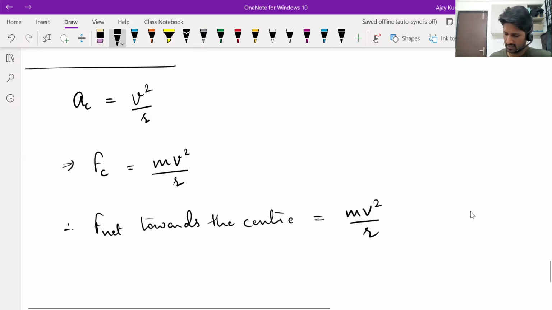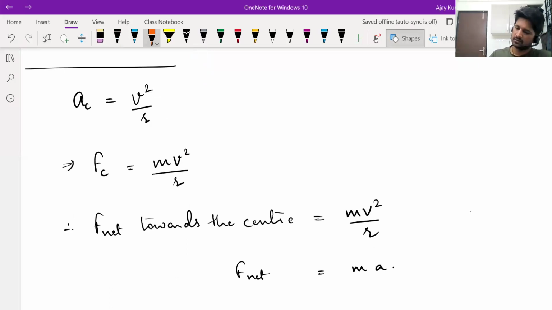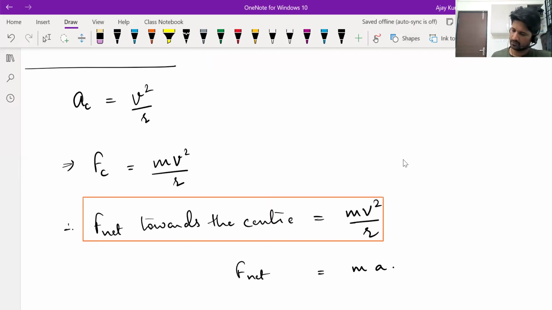This is just Newton's second law. We are just writing net force is equal to mass into acceleration. So whenever you come across situations where objects move in curved paths, you can use this equation. So when an object is moving in a curved path, this is how you apply Newton's second law to that object. Basically, that is what we are learning now.